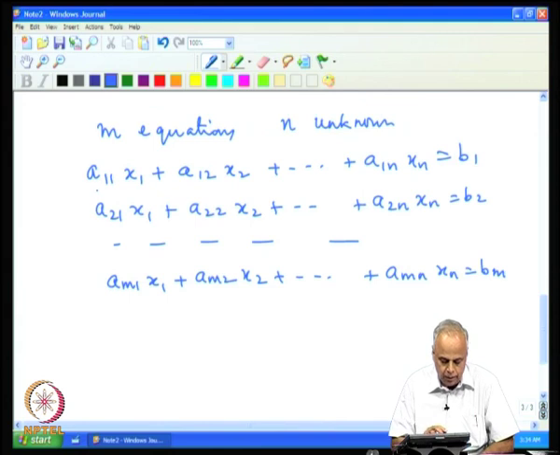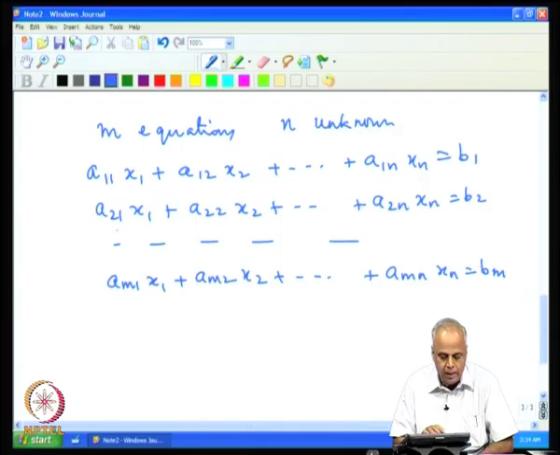Here in the a's, the first index, for example in a22 or am2 or amn, refers to the number of the equation. So, in the second equation, all of them will have the first index as 2: a21, a22, a2n.